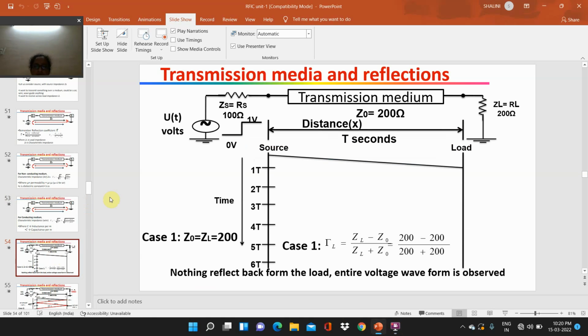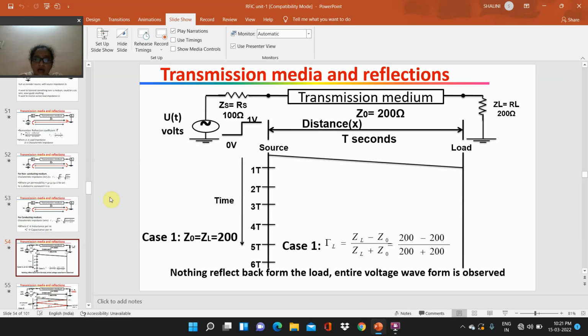Here, nothing reflects back from the load. The entire voltage waveform is observed. There should be no reflection. So 1T, 2T, 3T, 4T, 5T, 6T. In this case ZL is equal to 200 ohms, ZS is equal to 100 ohms and Z0 is equal to 200 ohms.